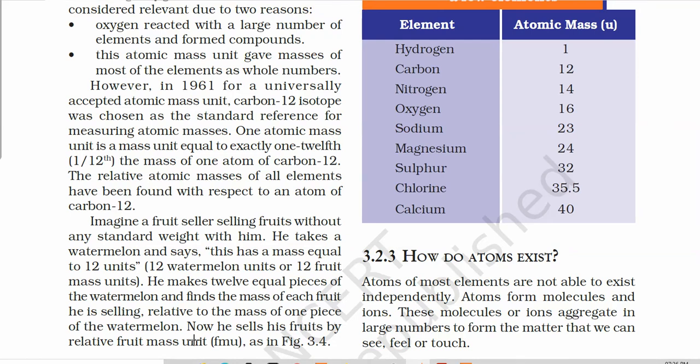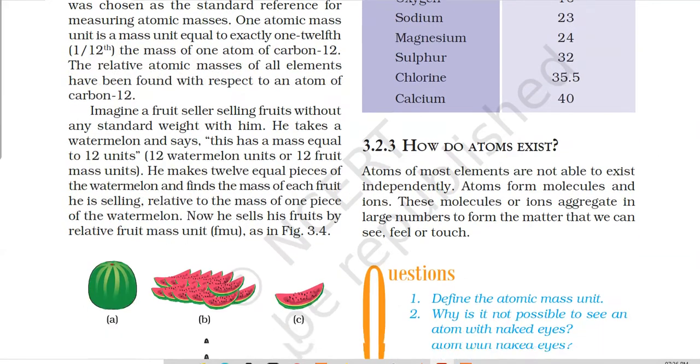In this way we can understand that we have made a unit according to the reference of a particular atom, and the reference atom here is the carbon-12 isotope. On the basis of that carbon-12 isotope, we are measuring the mass of the other atoms.